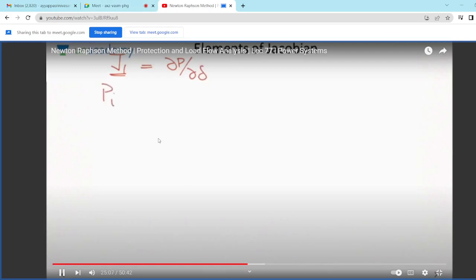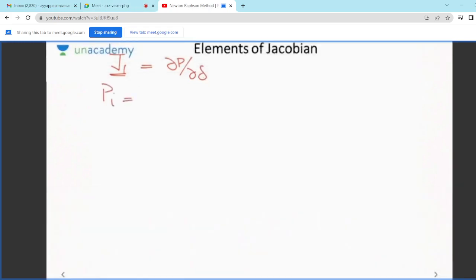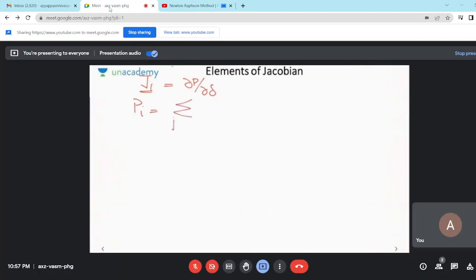Now the equation of Pi as we derived earlier was, sum over j equal to 1 to n of mod Vi, mod Vj, mod Yij cos of delta j minus delta i plus theta ij. Now let me separate the ith term from here.